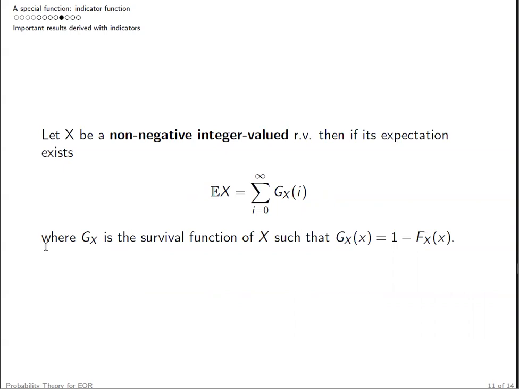Now you can pause the video at this moment and try to figure out the steps yourself. The proof is kind of straightforward once you notice the trick. We're going to decompose X as a function of multiple indicator random variables.